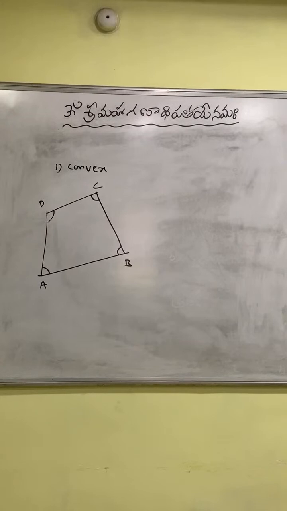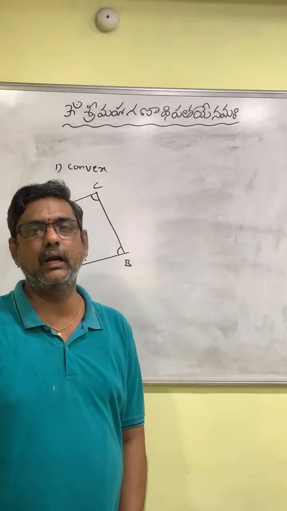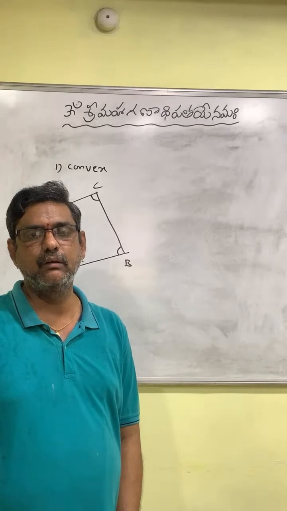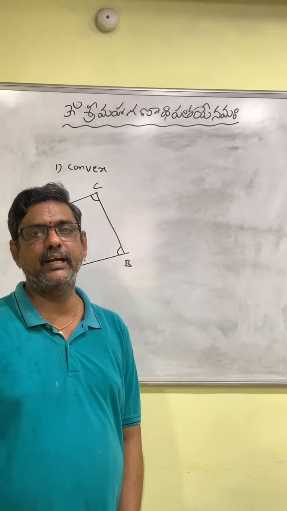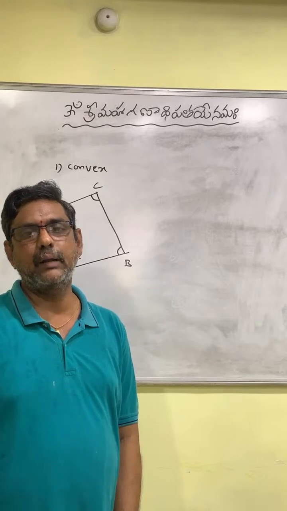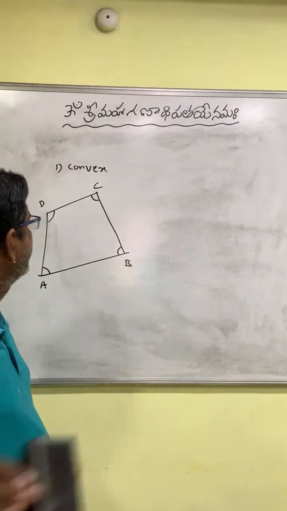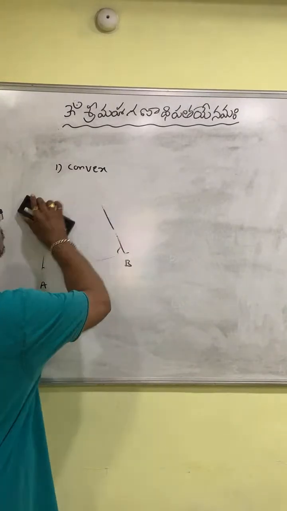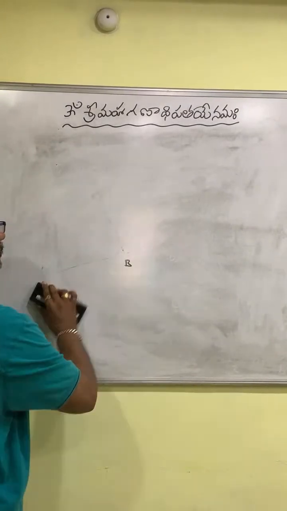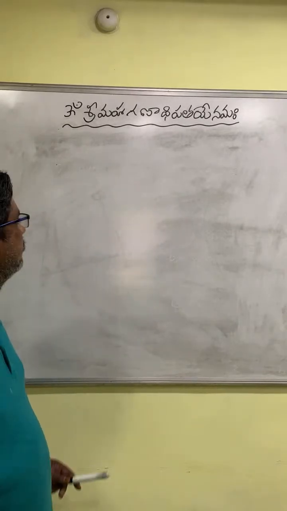Trapezium. A quadrilateral in which one pair of opposite sides are parallel is called a trapezium. How does the figure look? See here.